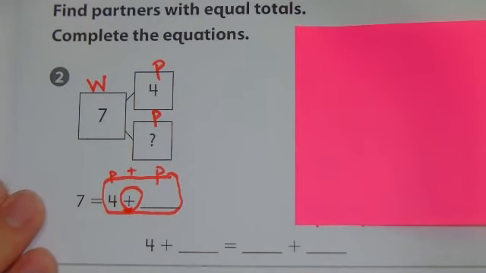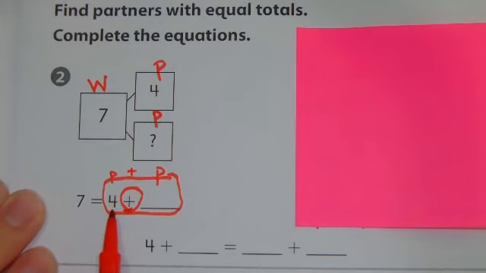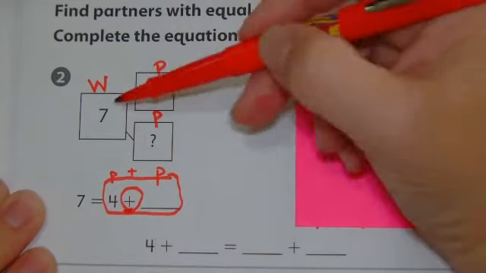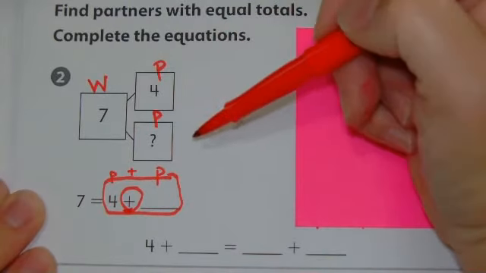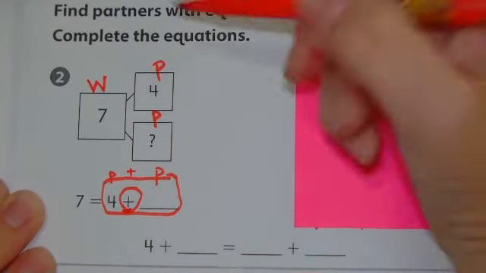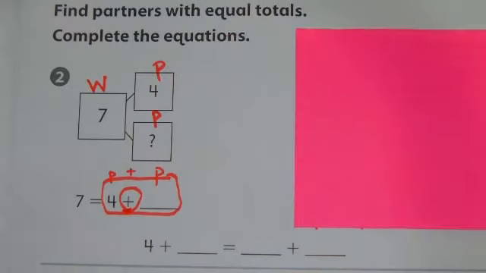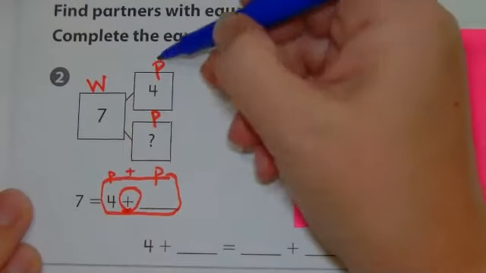7, 4, and blank. Okay? So here we have 7 equals 4 plus blank. It's the same numbers that are in our number bond. Remember, we can always count on from the part we know up to the whole, right?